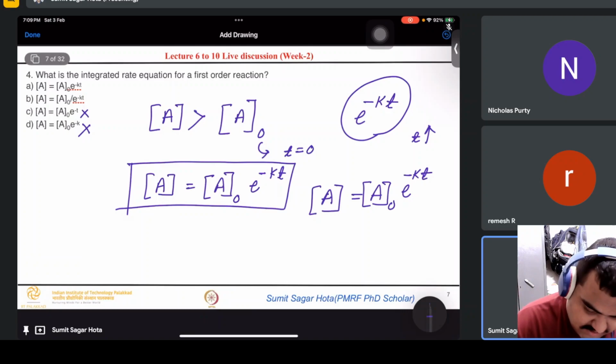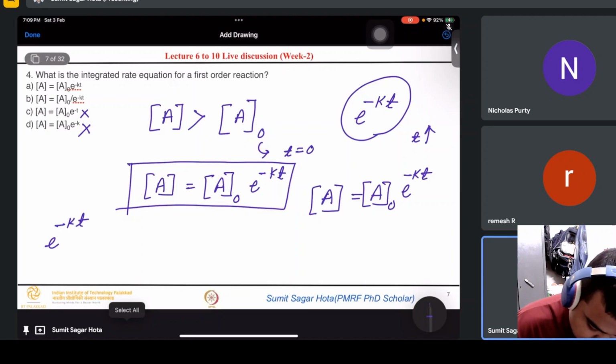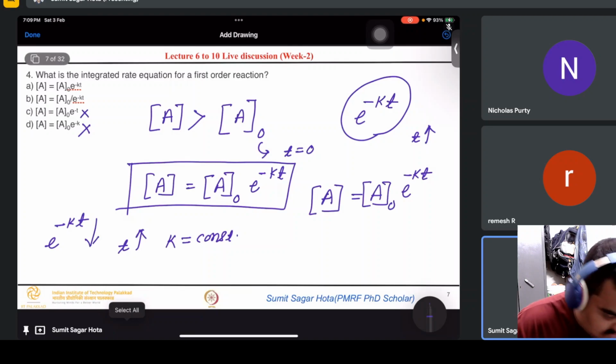Time will always increase when the reaction proceeds. Also note that if k is constant, then when t increases, e to the power minus kt will decrease. That's what the idea.